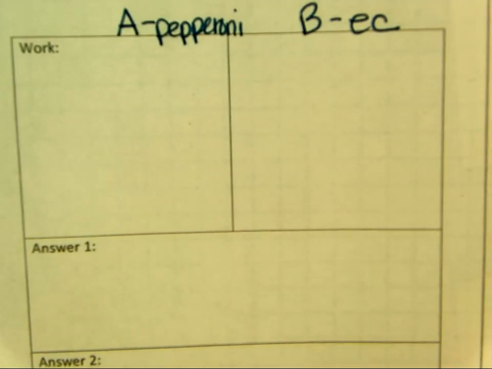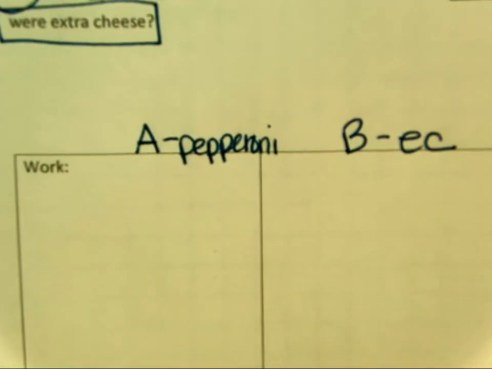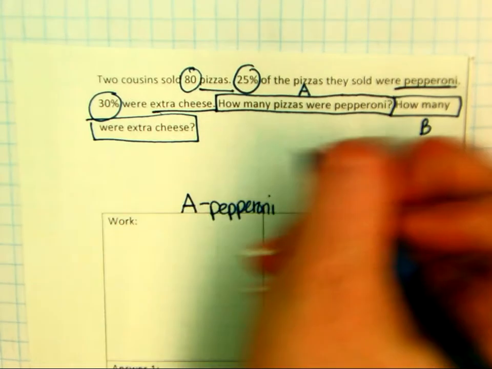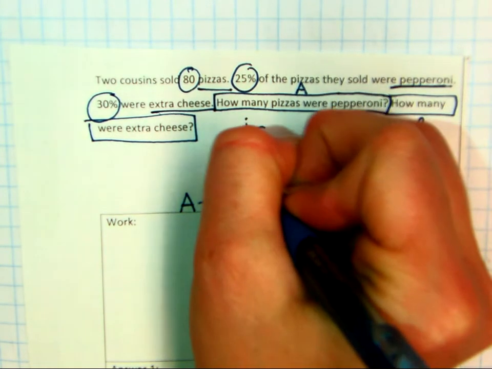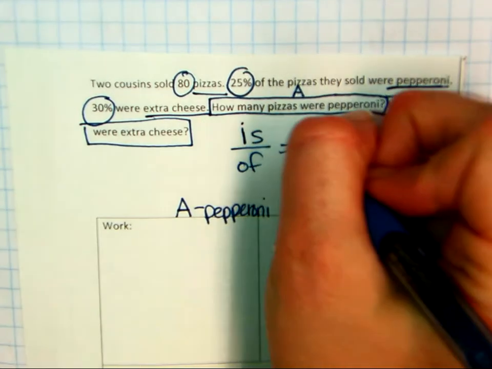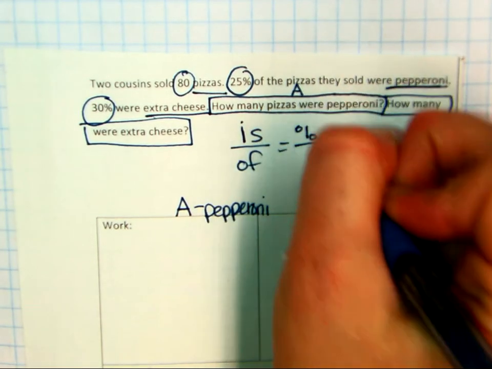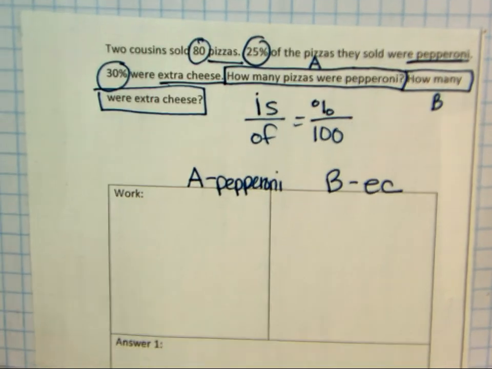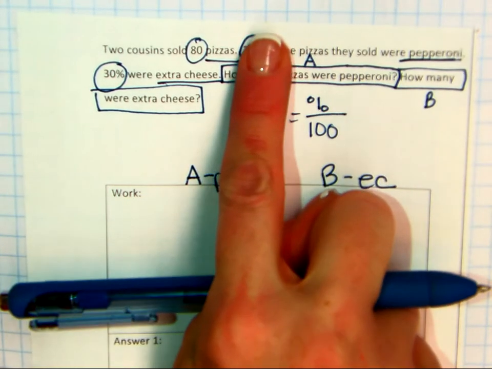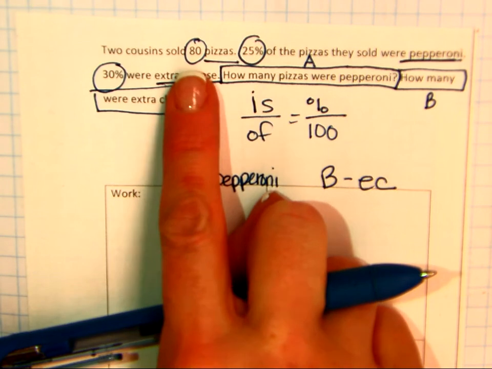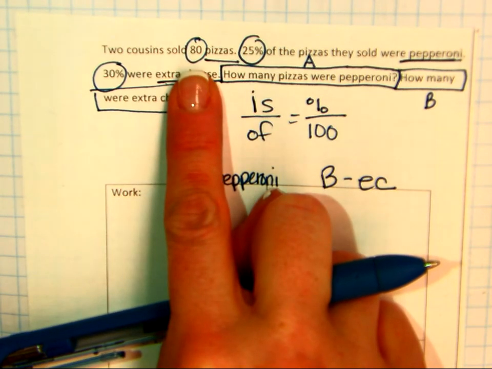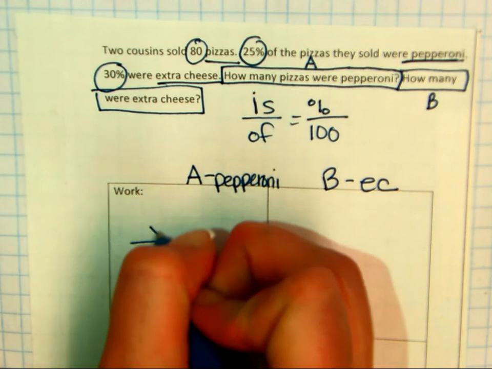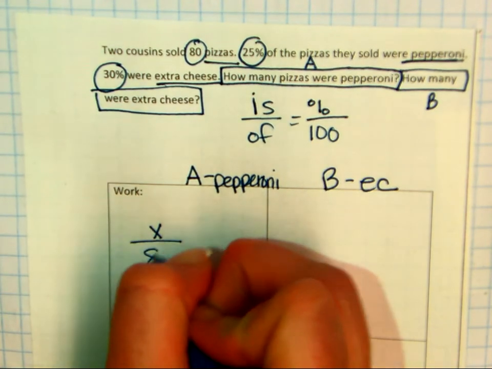Okay, so let's look at our problem here that we've got up above. Knowing we're going to use the is over of equals percent over 100 proportion, what is our is? Well, we don't know the how many is, but we do know the whole, the total. So we don't know what this is, but we do know that we have a total of 80 pizzas.